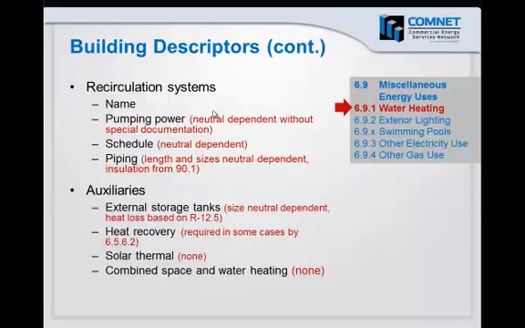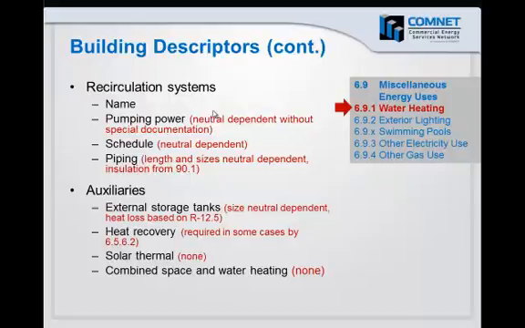Pumping power could be different if you have premium efficiency motors or some kind of special design that reduces pumping head. The schedule would always be the same. The length and sizes of piping are the same, but the insulation would be determined from 90.1.